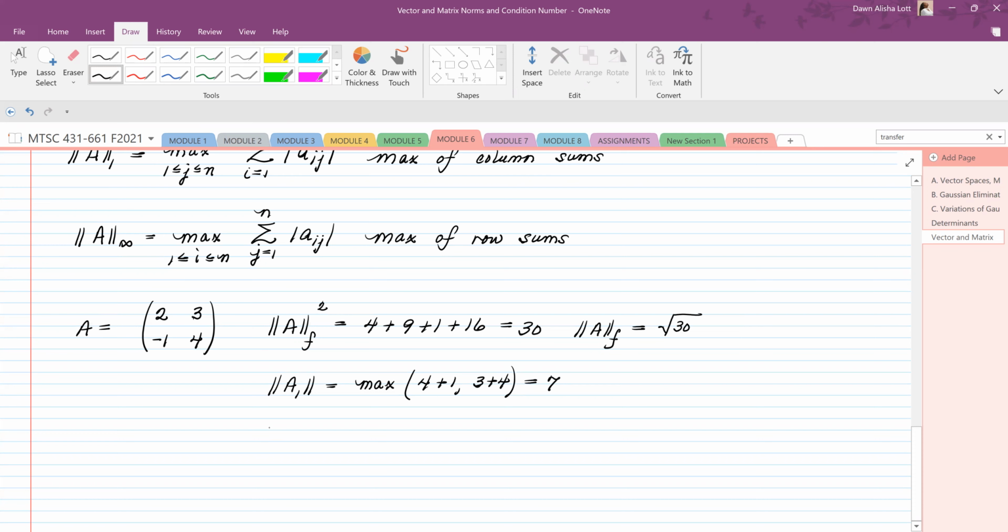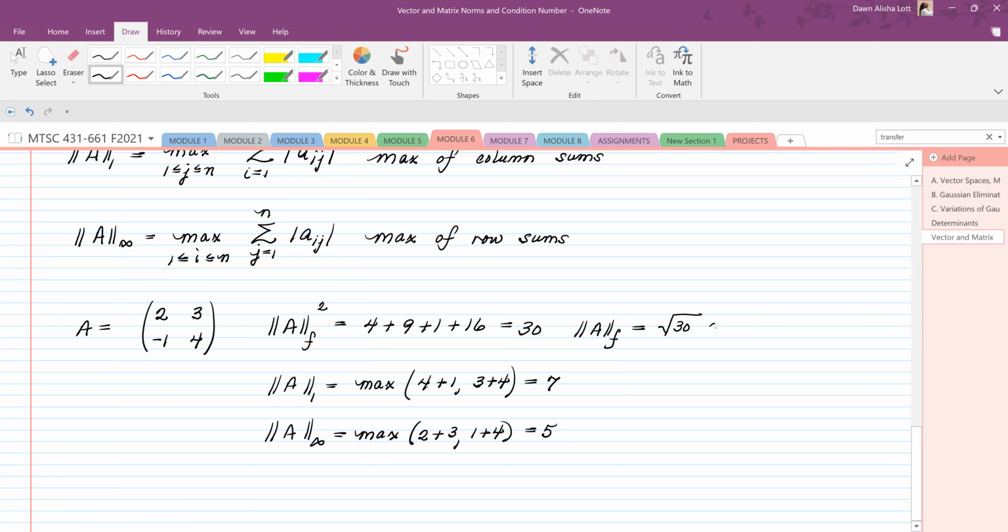That equals 7. And the infinity norm, oh, why is that on the inside? That should be on the outside. Is the max of 2 plus 3 and 1 plus 4. That equals 5.